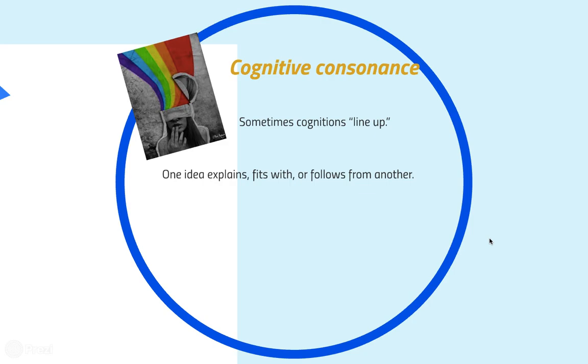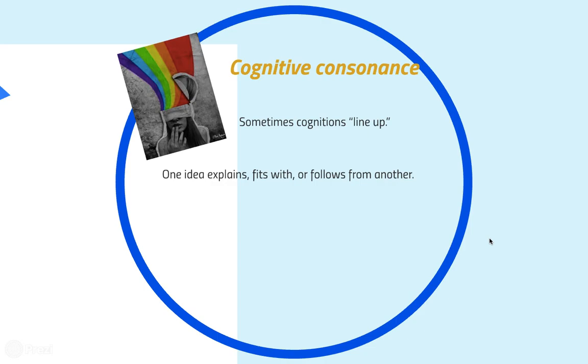So, for example, I might have a cognition that, hey, I'm an adventurer. I'm somebody who values adventure. And then I might also think to myself, I could like skydiving, right? I'm an adventurer. I could like skydiving. Those are two separate thoughts, but certainly they're related. They fit together, and we might even say that one follows from the other.